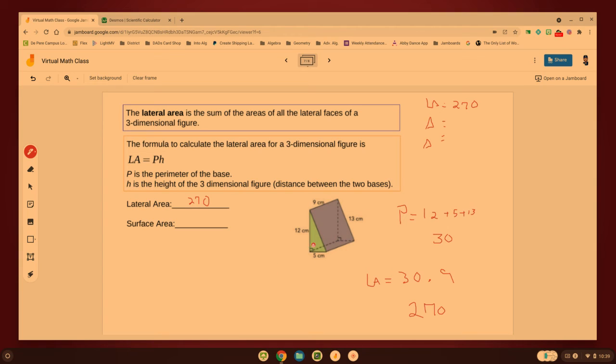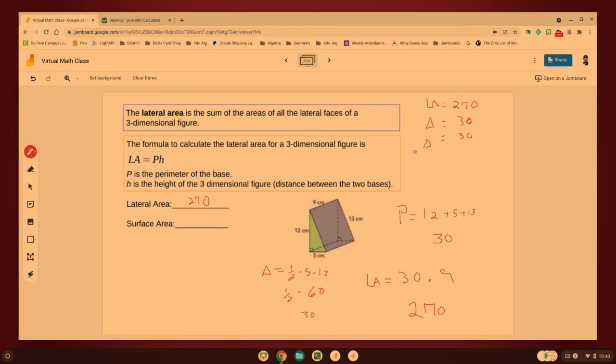That's the best part about prisms and cylinders. They're the same. And so area of a triangle is half times its base, which is 5, times its height, which is 12. 5 times 12 is 60, and half of 60 is 30. So both triangles are going to have areas of 30 and 30.